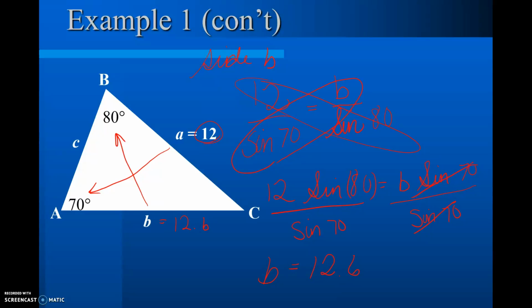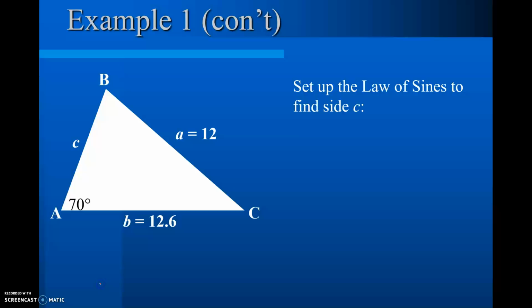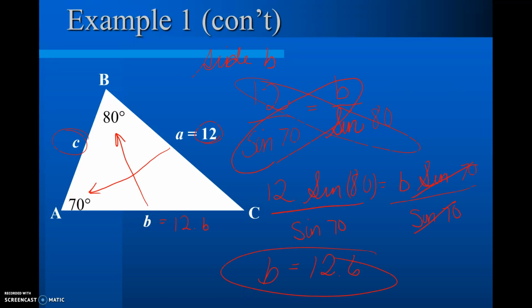Just for example purposes, before we find side c, let's say we're given this, and we want to find angle B. I know we had back here what that angle is, so we know it's supposed to be 80.